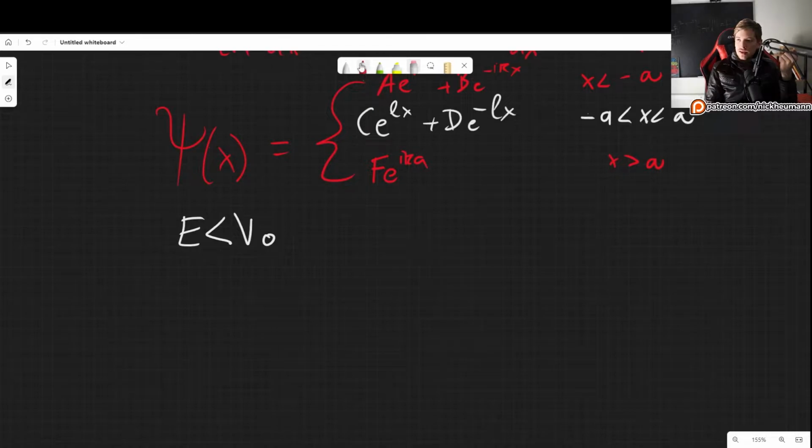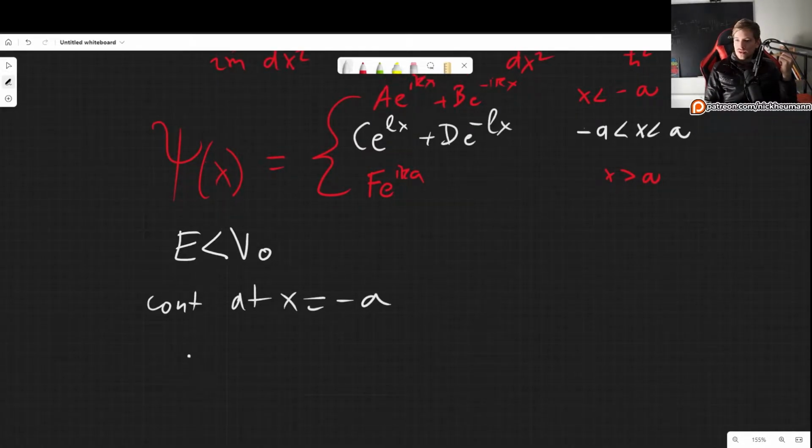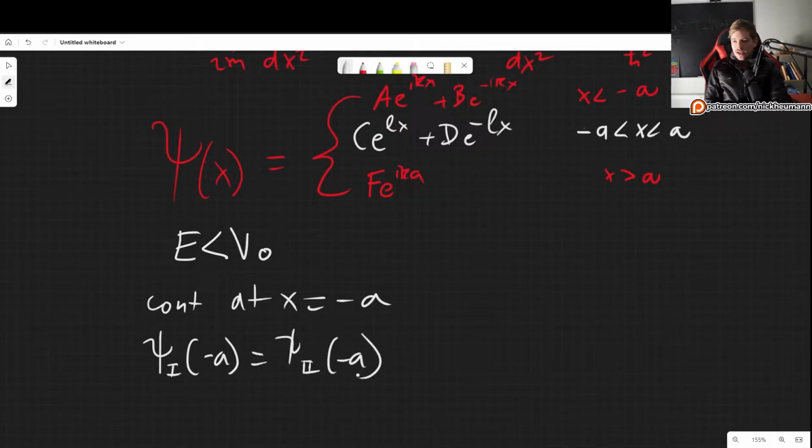So those are the two conditions. Let's apply them to the point minus a. So continuity, both of the wave function and of the first derivative, at x equals minus a. Here we need that the wave function from region 1 evaluated at minus a must be equal to the wave function in region 2. So psi 1 evaluated at minus a must be the same as psi 2 evaluated at minus a.